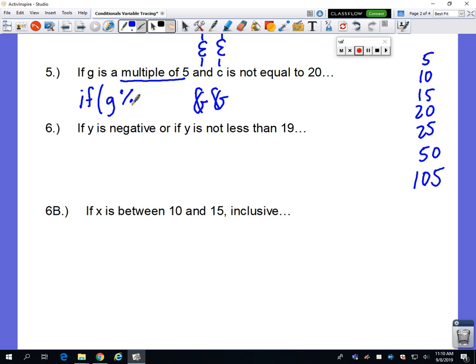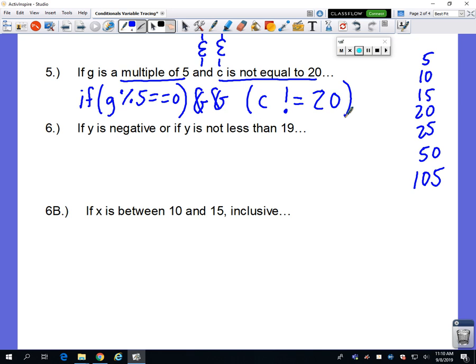Since I get a remainder of 0, I'll just put g mod 5 equals 0. Remember, we're going to put double equals here. Then we have to do c is not equal to 20, so just put that in parentheses. The not equal sign is an exclamation mark followed by equals, and then we put a 20 right here.